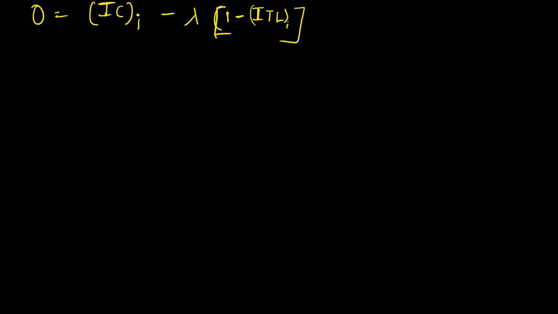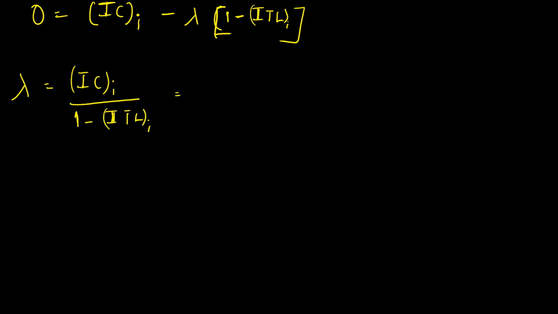Here instead of plus I made minus. So you are going to get lambda is equal to incremental fuel cost of the ith unit divided by 1 minus incremental transmission loss of the ith unit.